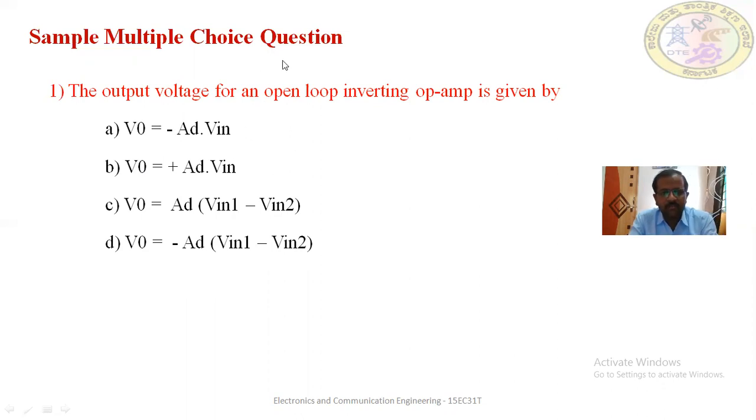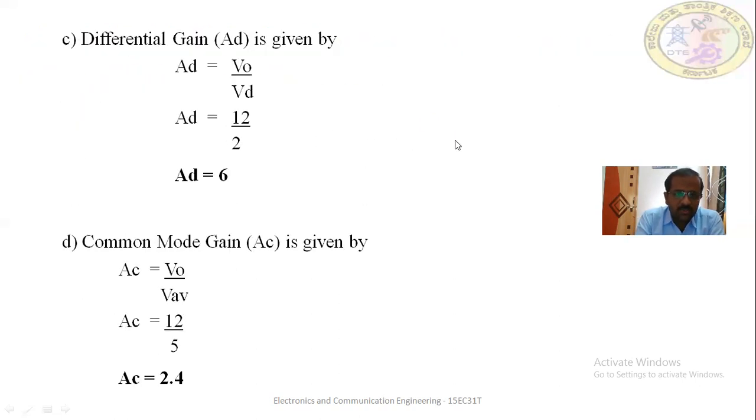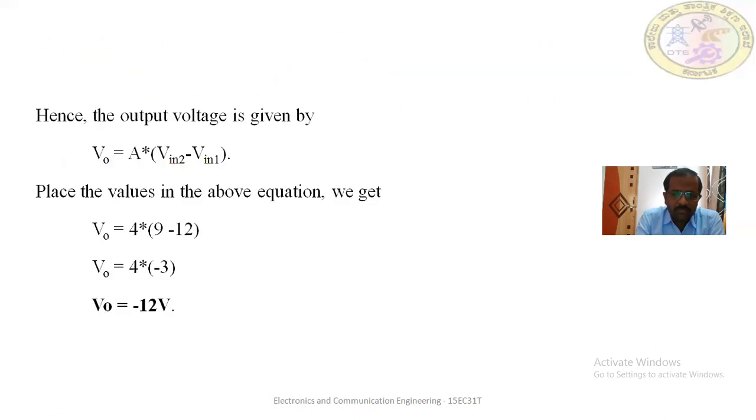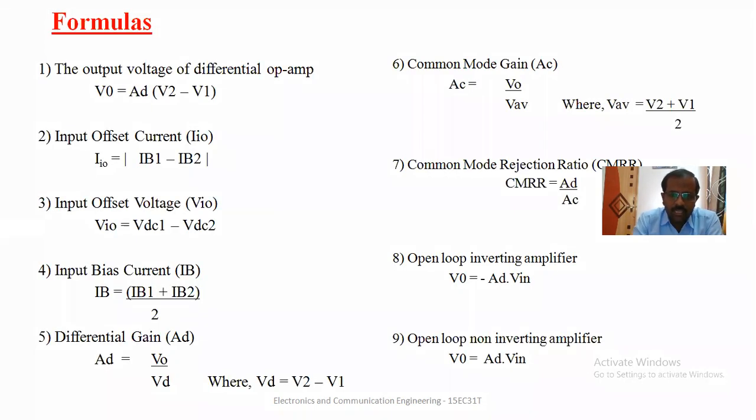He is asking to find the formula for the open loop inverting op amp. If you want, you can see the list of the formulas again. What is the formula for the open loop inverting amplifier?